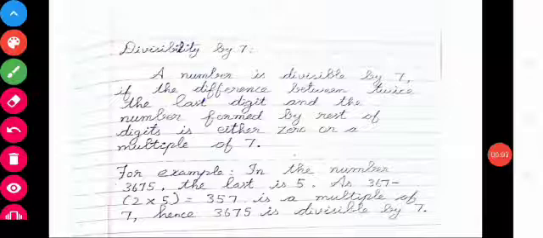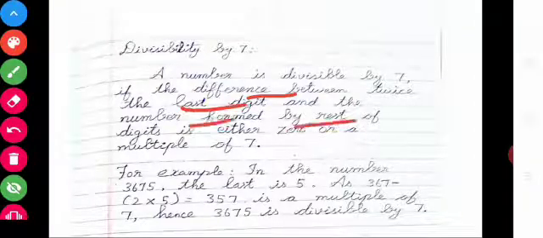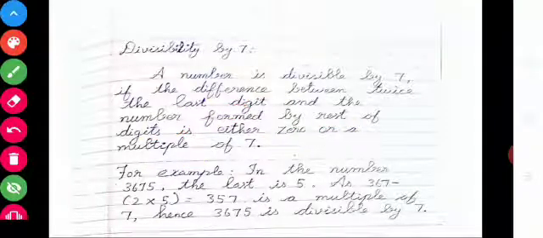Next one is divisibility by 7. A number is divisible by 7 if the difference between twice the last digit and the number formed by rest of digit is either 0 or a multiple of 7. Look, see the example in the number 3675, the last digit is 5.